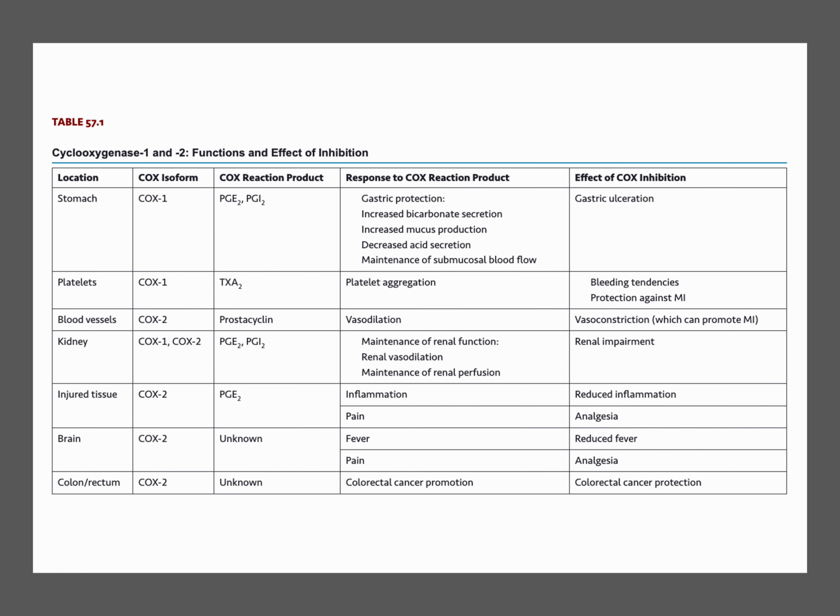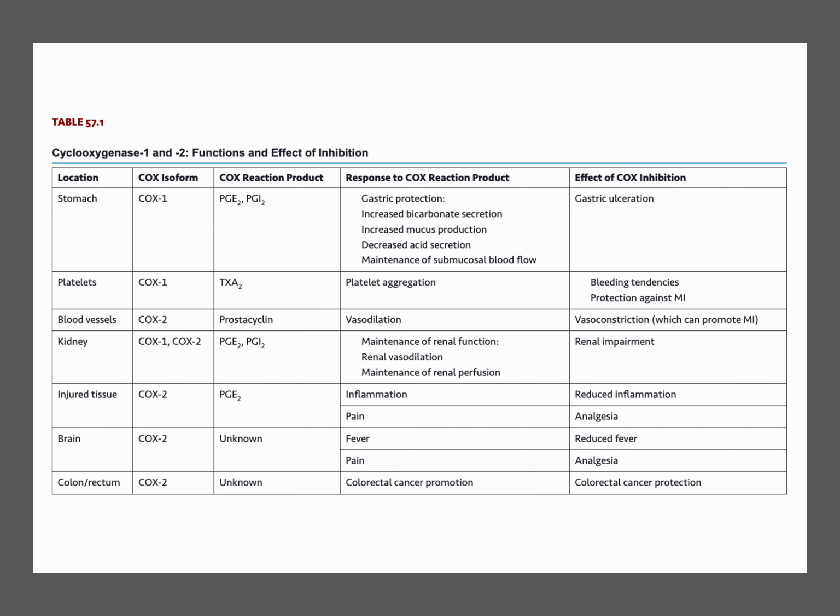This slide here, table 57.1, does a great job summarizing what we just talked about in terms of which COX isoform is located where. So you see here that the COX-1 isoform can be found in the stomach, the platelets, and the kidneys. COX-2 isoforms can be found in the blood vessels, also the kidneys, sites of injured tissue, brain, and within the colon and the rectum. And in relation to the location, you can also see the reaction product that forms when COX is activated.